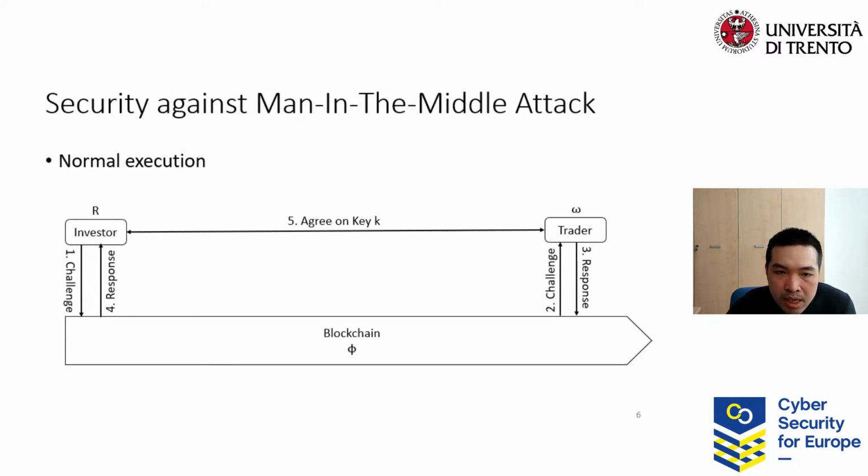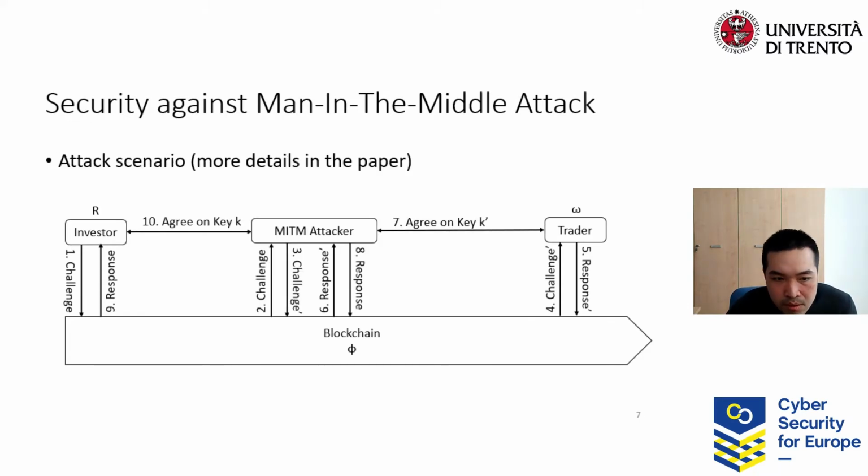In a normal execution of a distributed dark pool, the investor, in order to find suitable traders for his order, could publish a challenge on the blockchain in the form of an arithmetic relation R. The suitable traders can show that they satisfy the required conditions by sending back a valid response that is generated using a secret witness omega, whose instance is a committed financial information phi on a blockchain that satisfies the arithmetic relation R. And using the response, the two parties can agree on a shared secret key K for secure communication.